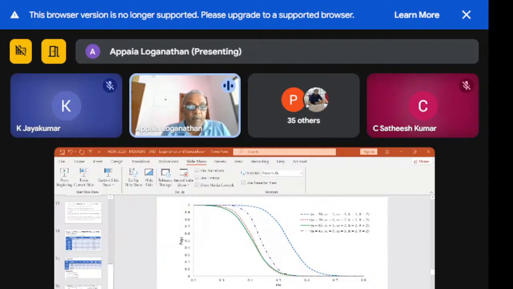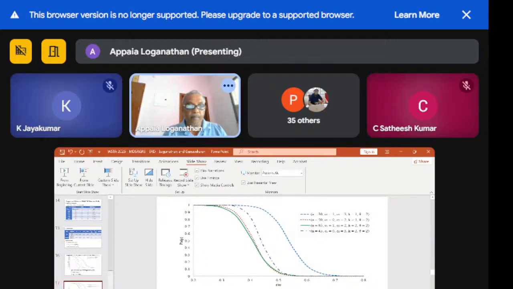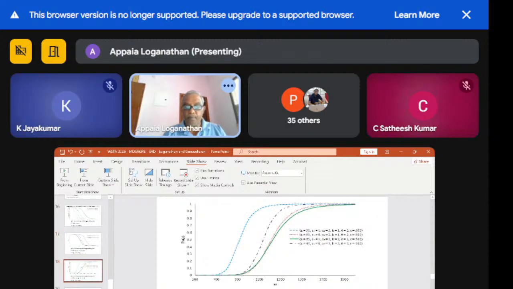When the value of M is increasing, the lot acceptance probability will be decreasing. So this is the behavior of the lot acceptance probability corresponding to the increasing values of M.